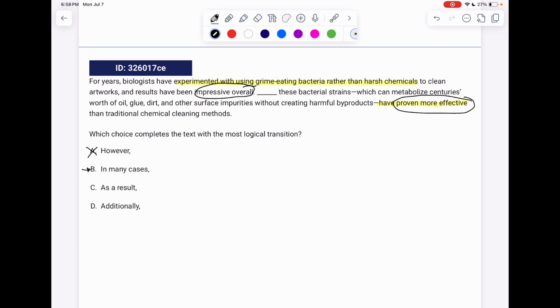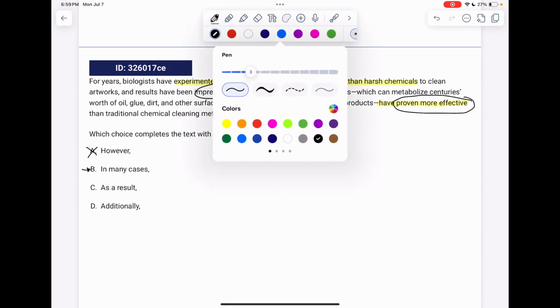Choice C would be incorrect because that choice uses a cause and effect transition. The fact that the results of the experiment have been impressive overall doesn't cause the bacteria to have been proven more effective. It's not like, oh, wow, that was super cool and now it works even better. No. The impressiveness doesn't cause the effectiveness.